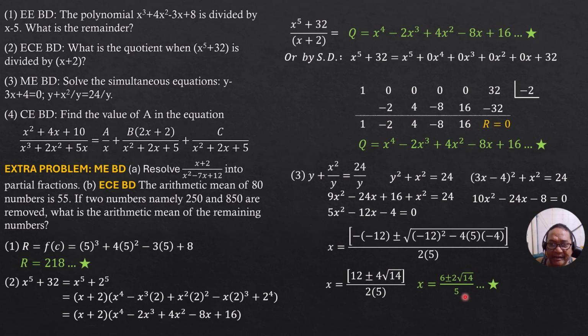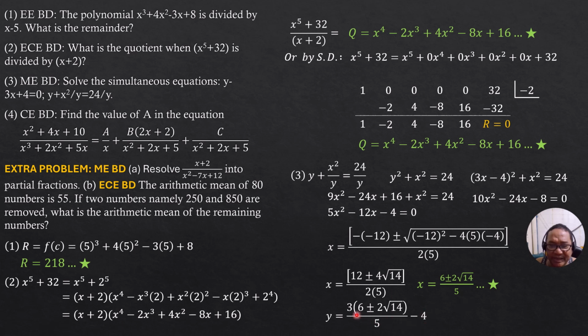Then for y, y is 3x minus 4. So y is 3 times x, this is the value of x: 3 times (6 plus or minus 2 square root of 14) over 5. So that's x, then minus 4.